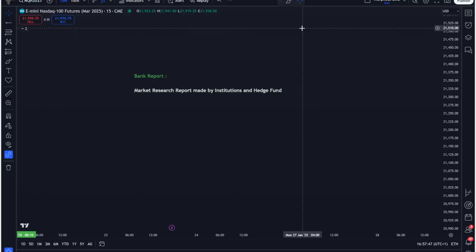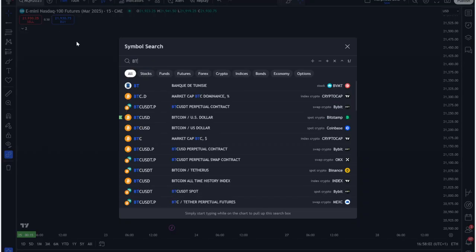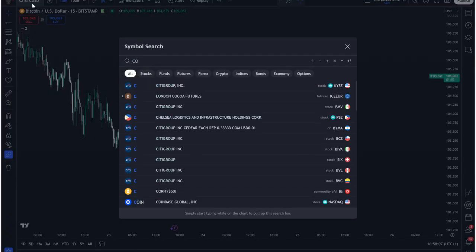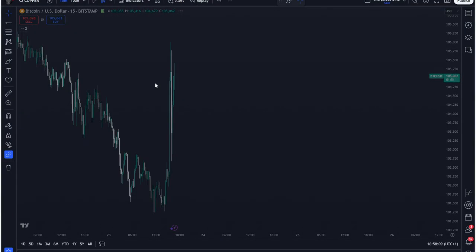One that I really like in the way that it is structured is Goldman Sachs and Morgan Stanley, and the one of UBS, it's really detailed on price targets. And what I was seeing, let's go on copper.